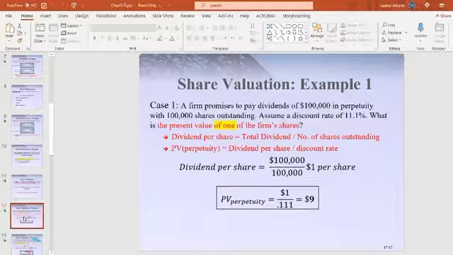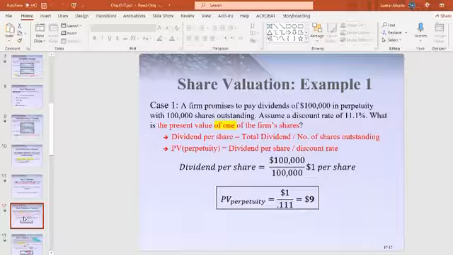So this is the dividend per share. Each share will receive $1 divided by the discount rate. This is the formula for perpetuity. This will give you $9. So this means the maximum I pay for these shares is $9. If they ask me to buy these shares, I will say the maximum I will pay is $9. So this is the present value of all future benefits.